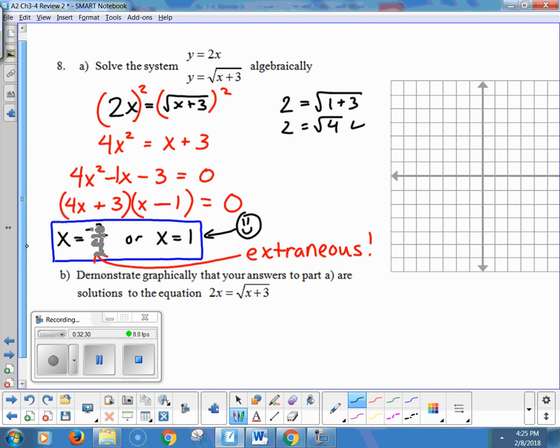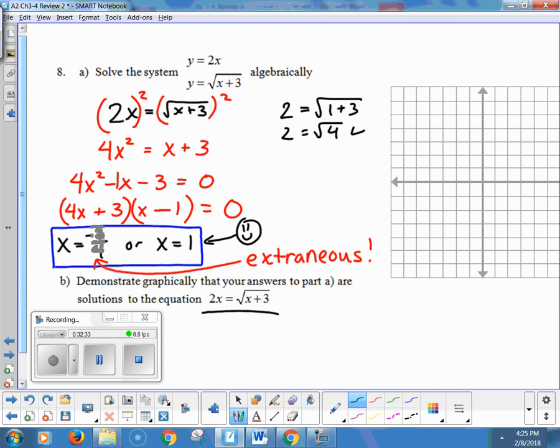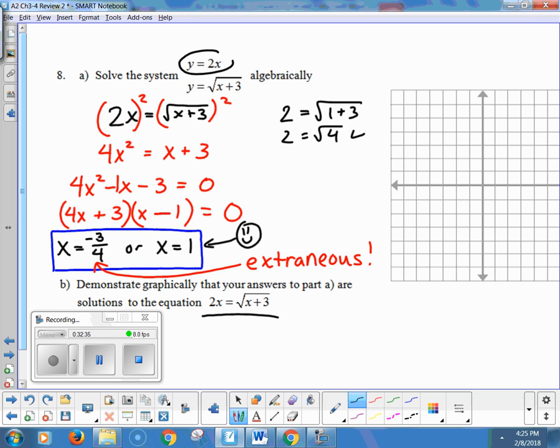Let's see, if we're going to verify that these are the solutions, well, we would graph these two functions. Y equals 2x is a line. Actually, I'll color code these things. Y equals 2x is a straight line with a slope of 2. So it looks thusly.